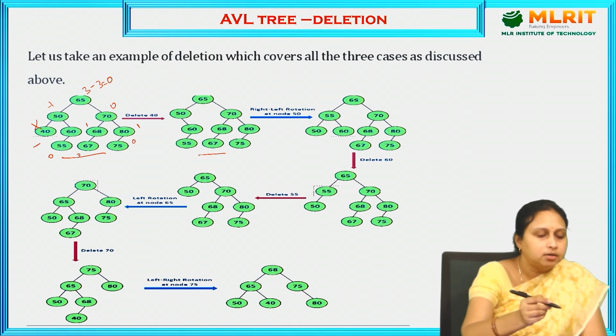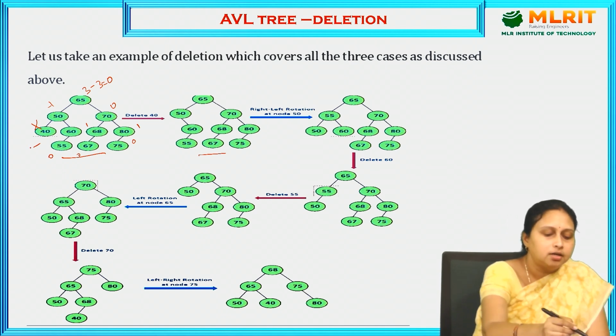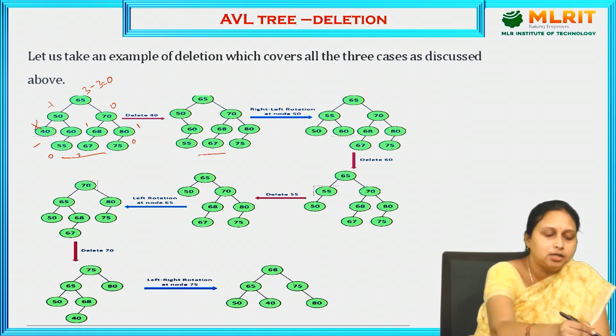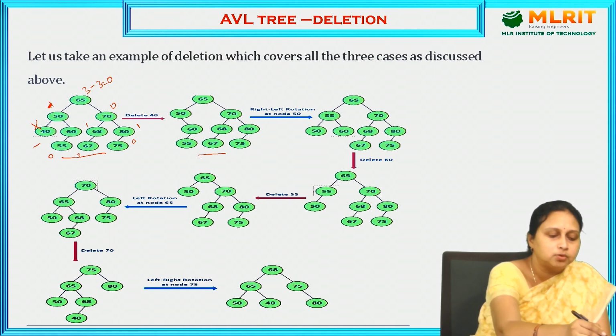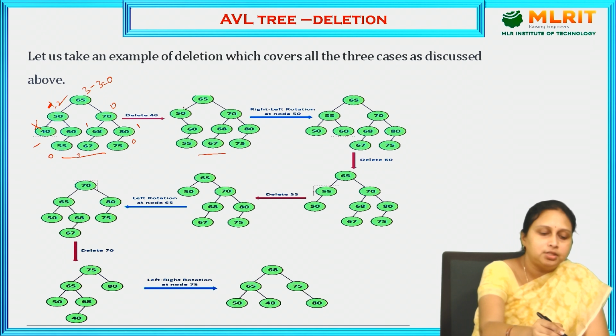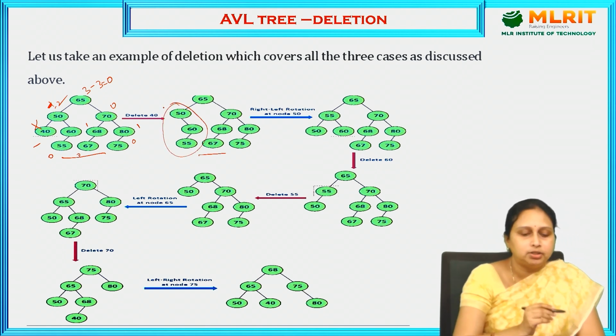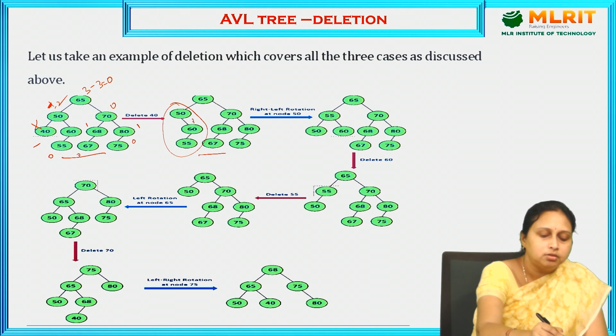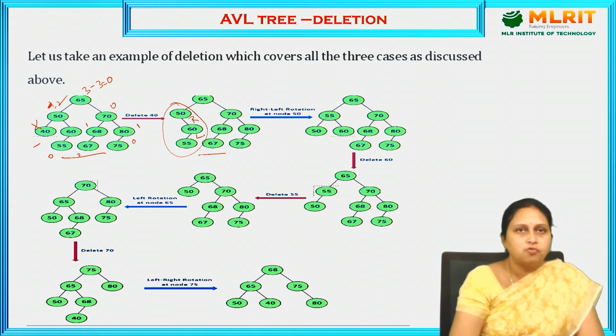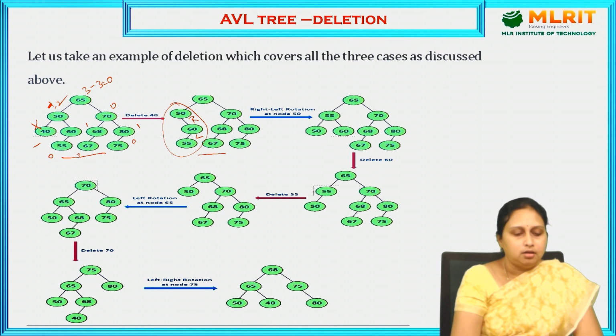Because 40 is deleted, this is not minus 1, this is minus 2. Because of this imbalancing of the tree, now we need to perform the rotation. What rotation do we need to do? This is RL. Because of RL, this is imbalanced. So we need to perform the RL rotation on this.